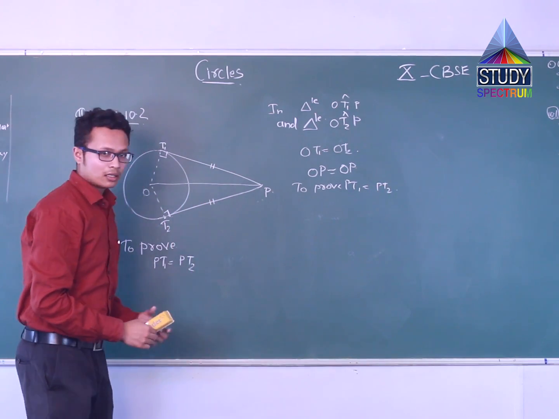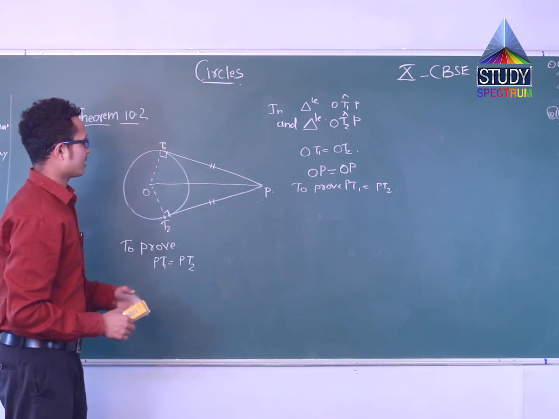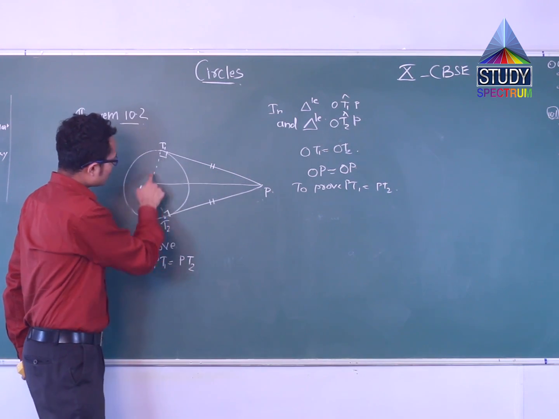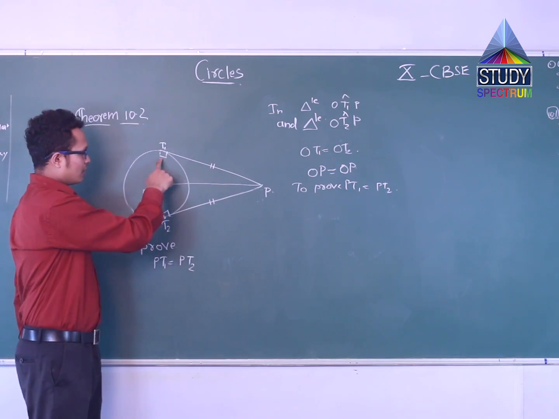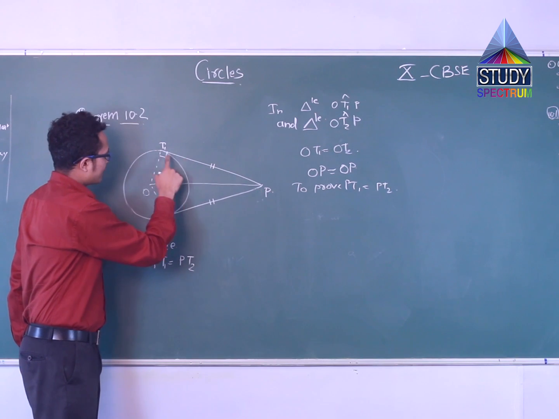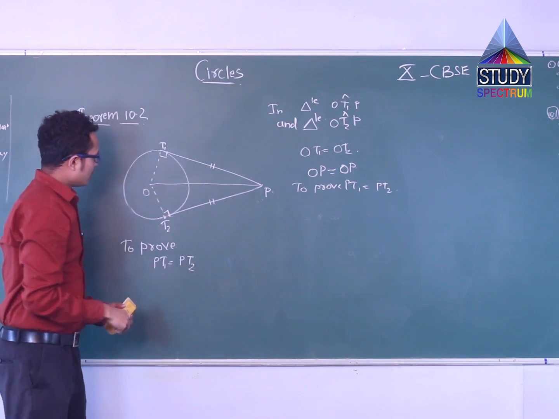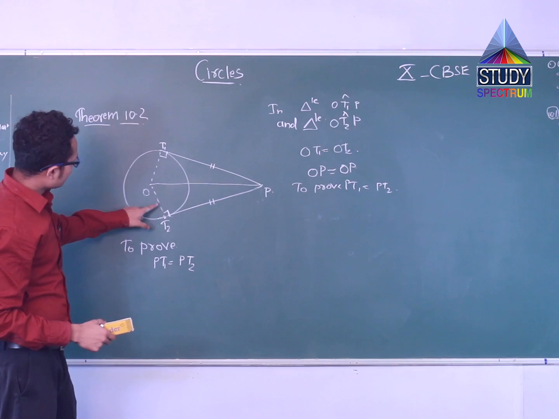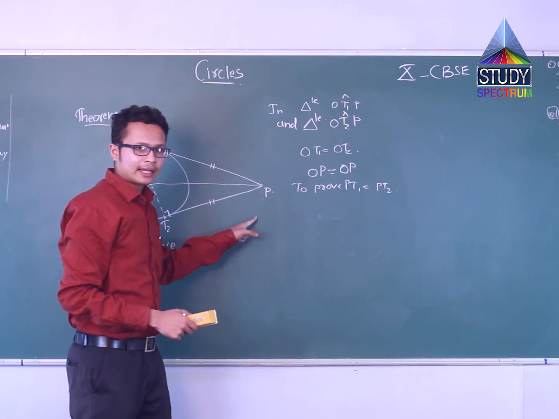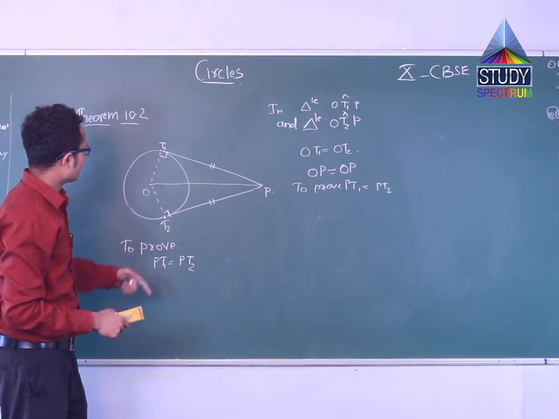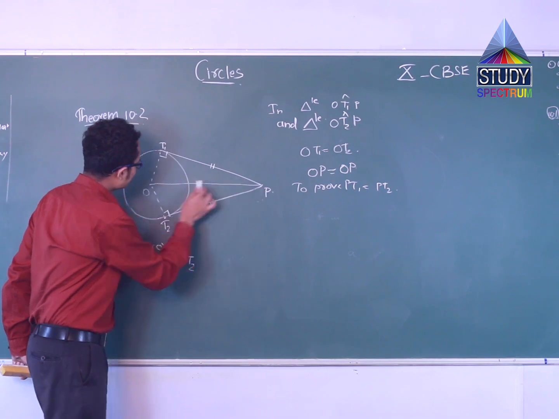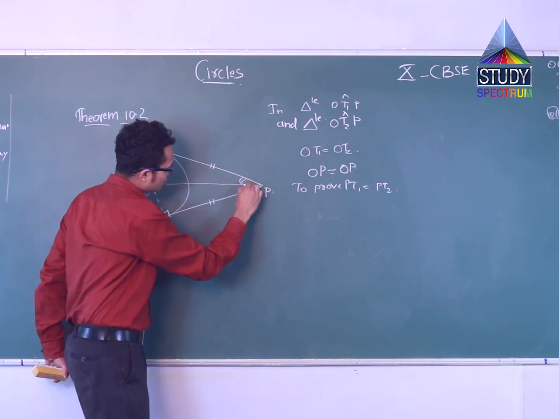Now let's take a look at the angles of the triangles. In triangle OT1P, angle OT1P is at right angles, that is 90 degrees. Its corresponding angle in triangle OT2P is also a right angle, 90 degrees. And this angle is bisected by the line OP, so these angles will also be equal.